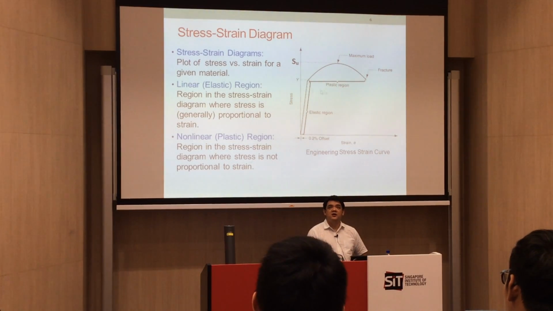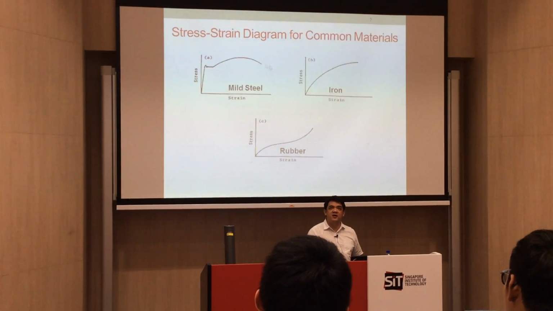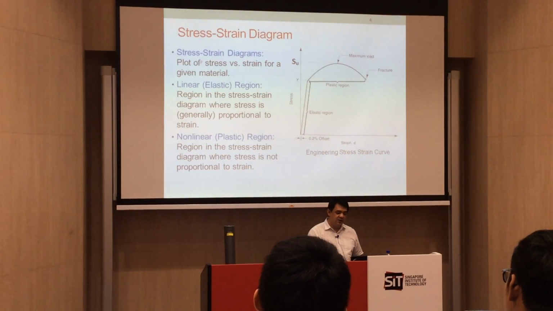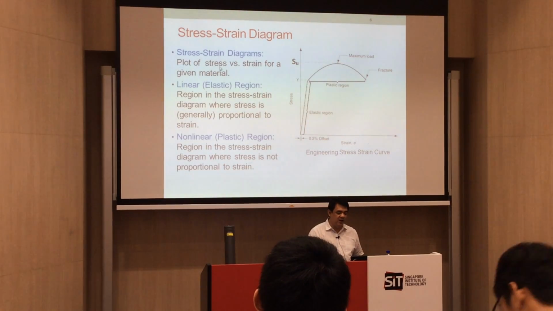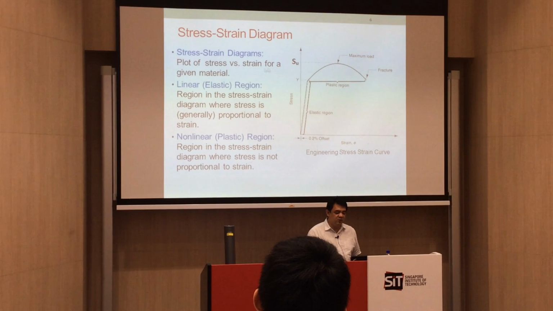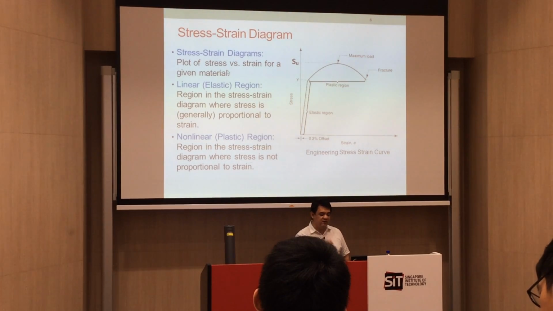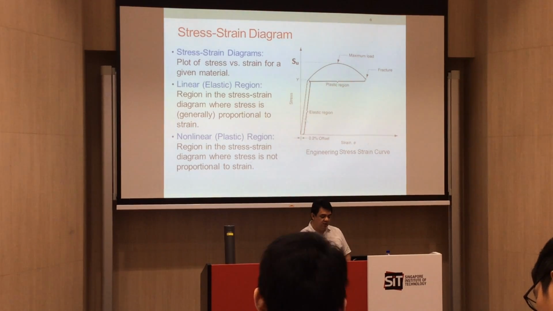Here we go. We have now the stress strain diagram, which is a plot of stress versus strain for a given material. So your tensile test will give out this. This is the linear elastic region.